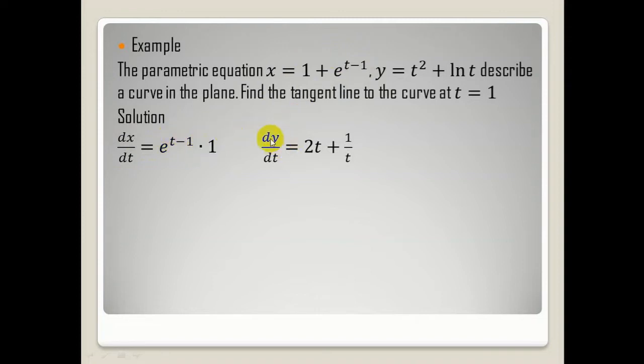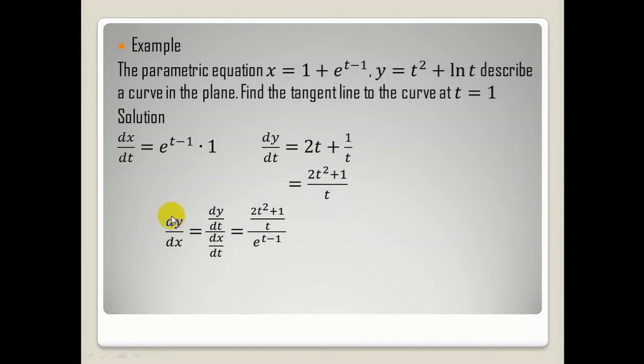Then dy over dt is equal to 2t plus 1 over t, because the derivative of ln t is 1 over t.